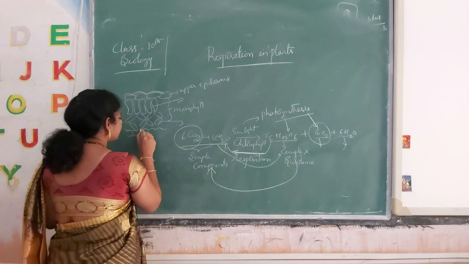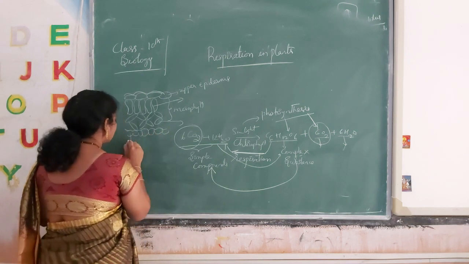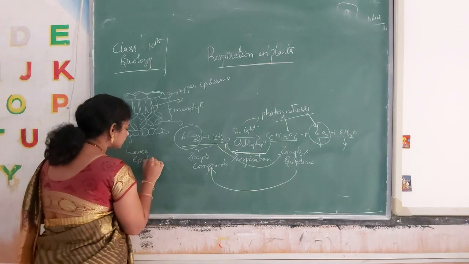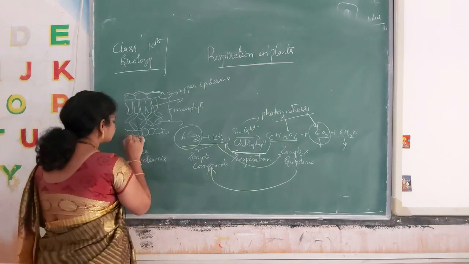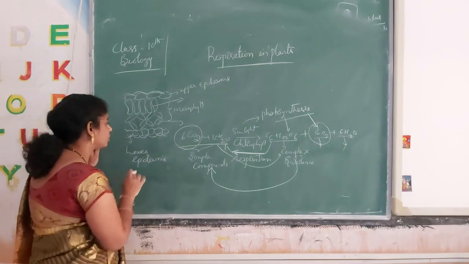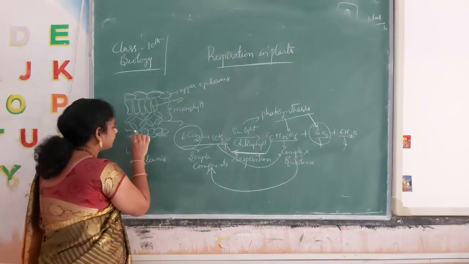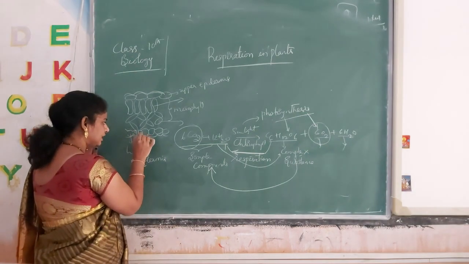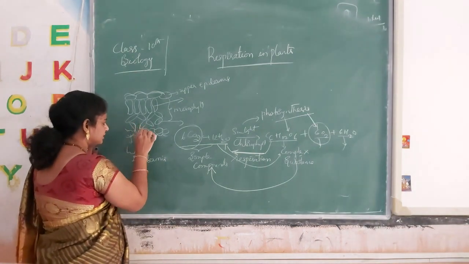Here we have the upper epidermis and lower epidermis, and this is the lower cuticle. In the lower epidermis there are guard cells.